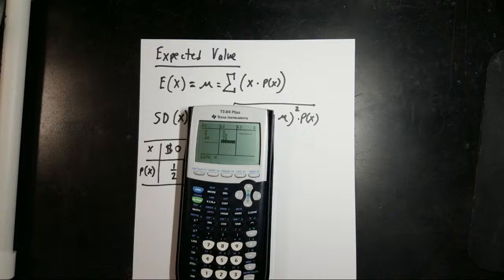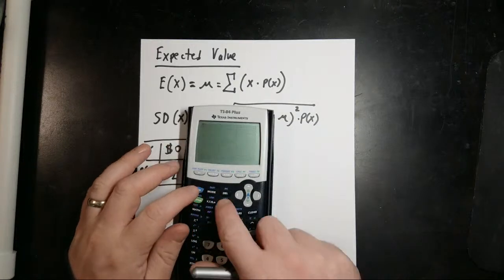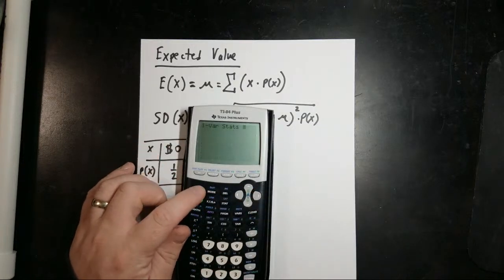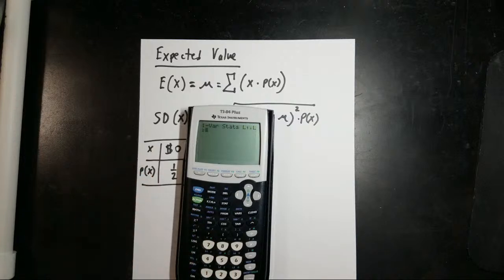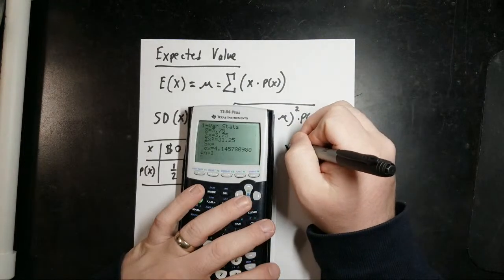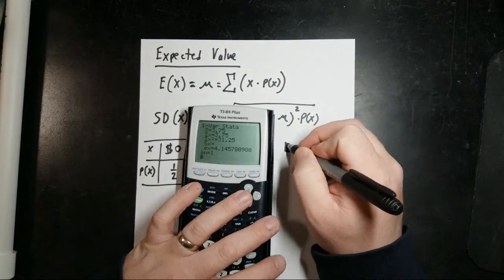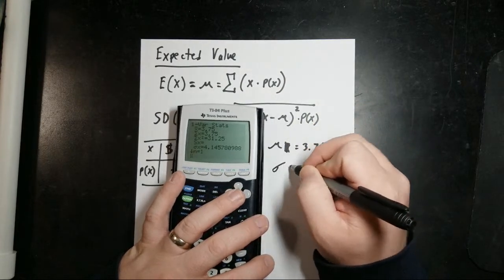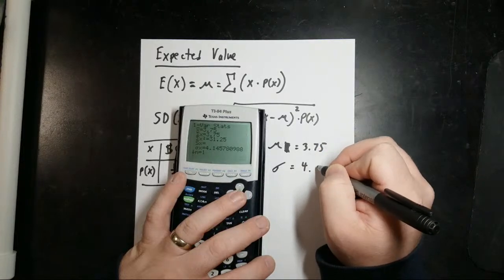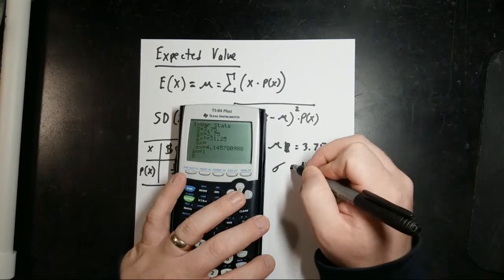In the right column, I put the probability of that particular event happening. You could run a 1-var stat, but make sure you do L1, L2, and it would spit out an expected value of 3.75, which actually is mu in this case. There we go. And a sigma of 4.15, approximately, I should say.